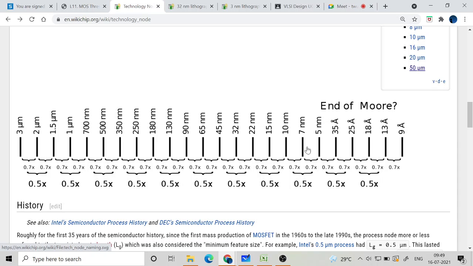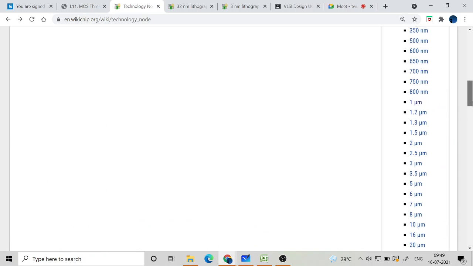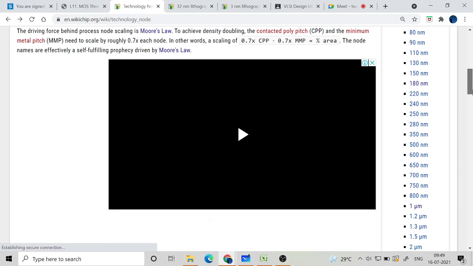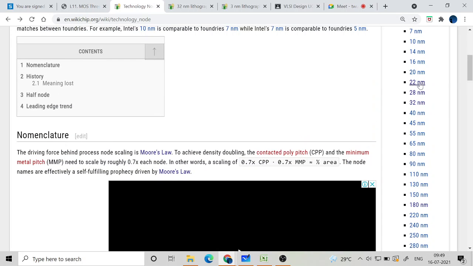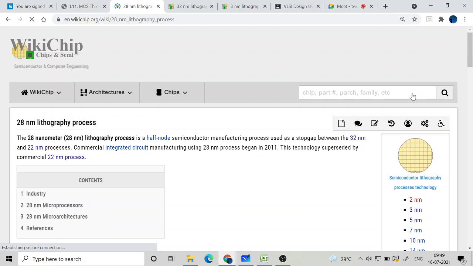But if you look at what actually happened after 32 nanometer, instead of going directly to 22 nanometer, it went into 28 nanometer. And there was a reason, because at 22 nanometer the MOSFET was not working.